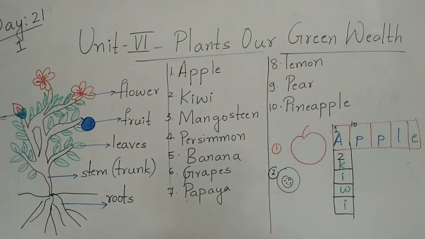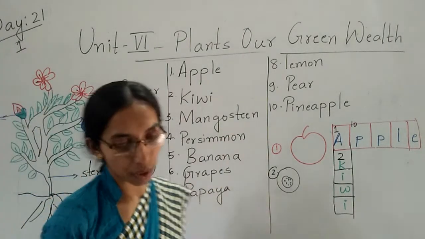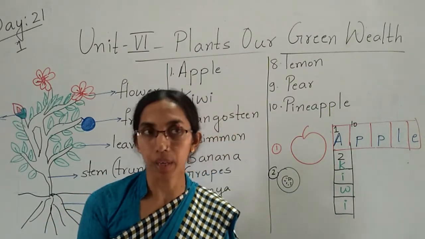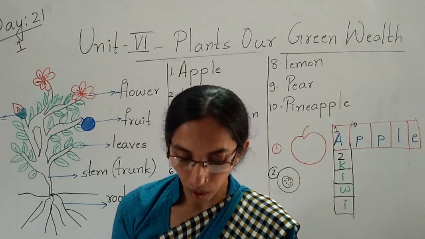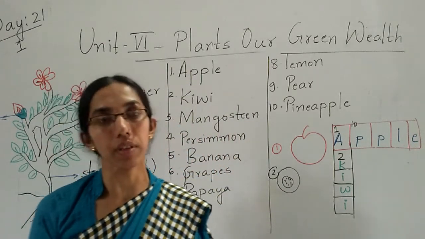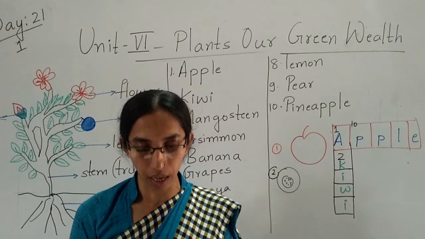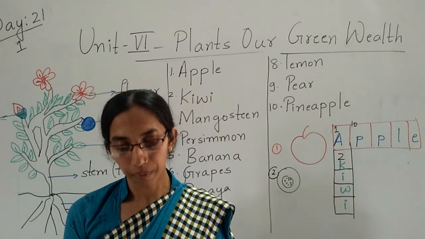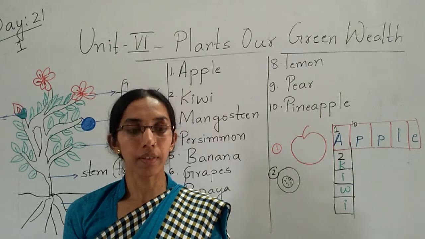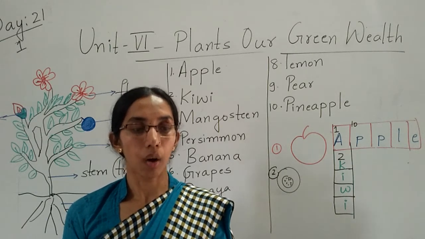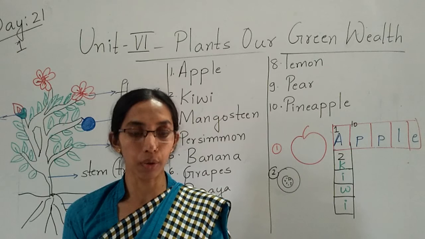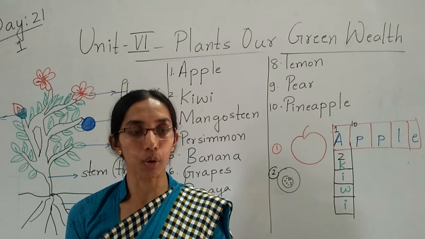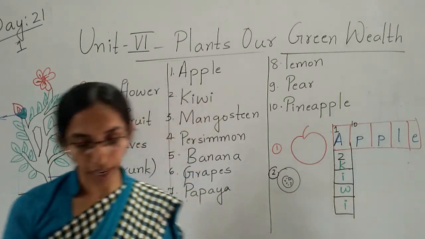Yes, children. So this is about the fruit. In the same way you have to fill the vegetables also. I have given the 9 vegetables. The first is the pepper. Next is the eggplant, cauliflower, tomato, then carrot, broccoli, peas, radish.